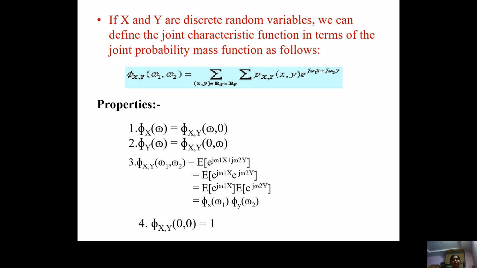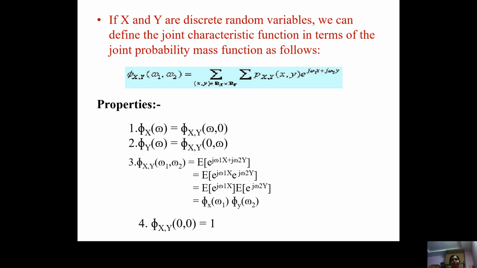And phi xy of omega 1, omega 2, when x and y are independent, is nothing but the product of the characteristic functions of x and y. So, this can be proved like this. Phi xy of omega 1, omega 2 equals the expectation of e power j(omega 1 x plus omega 2 y). When you separate this exponential, it is the expectation of e power j omega 1 x into e power j omega 2 y.